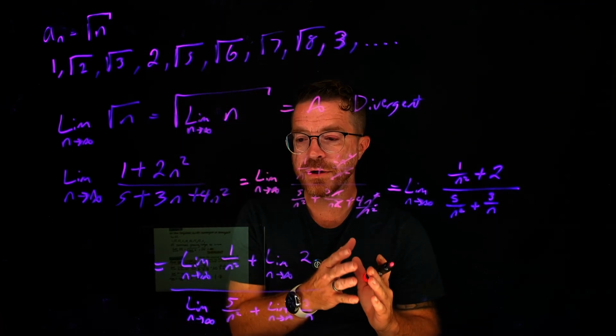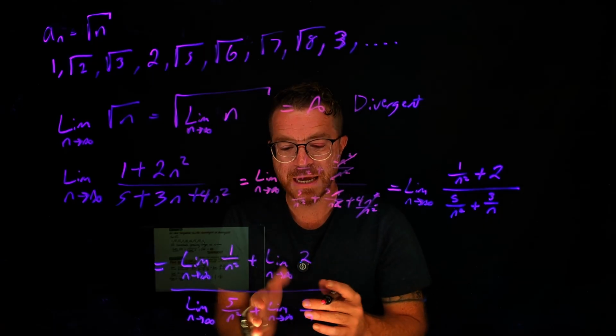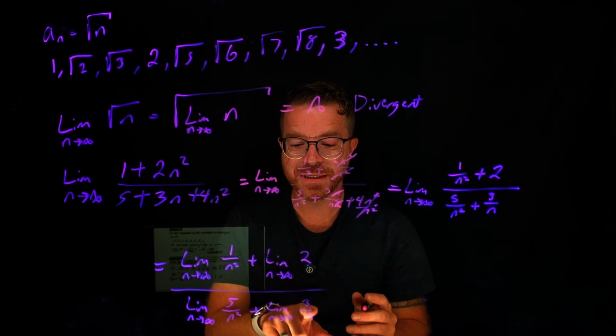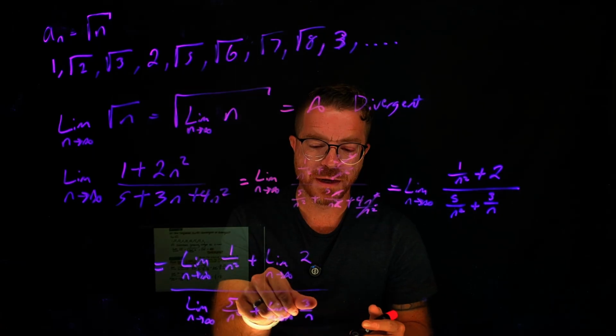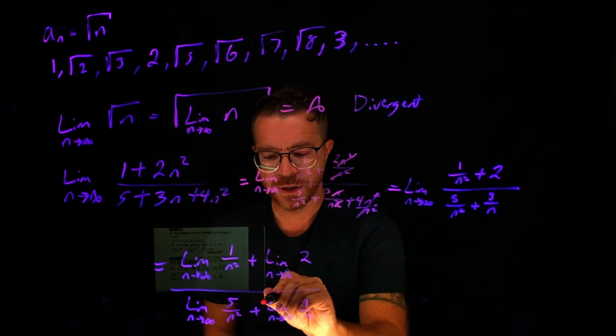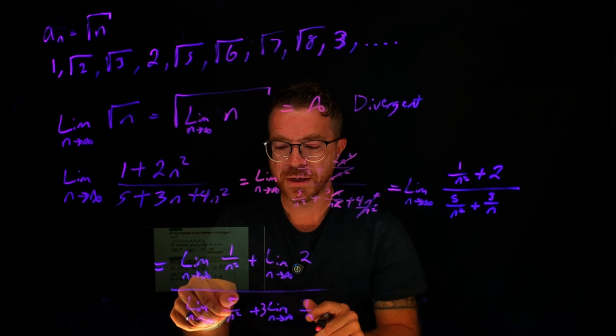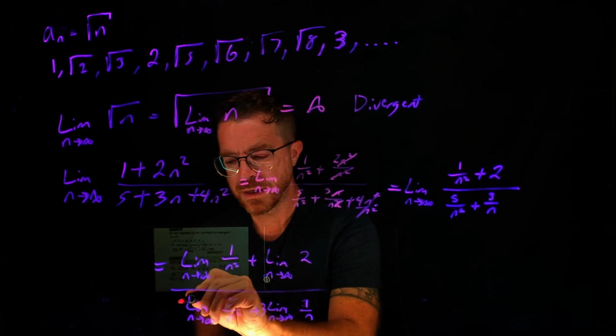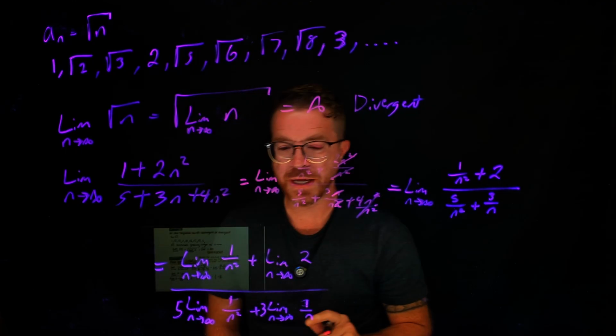Which, remember, based on our rules we could actually pull this 3 out, because it's the same thing as saying 3 times 1 over n. So I can change this to 3 times 1 over n. Similarly, this can become 5 times 1 over n.